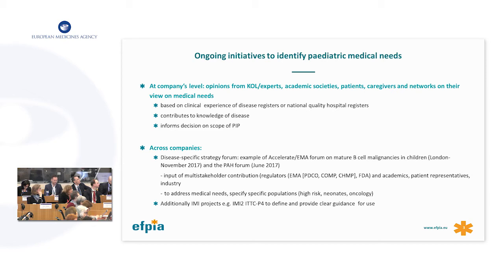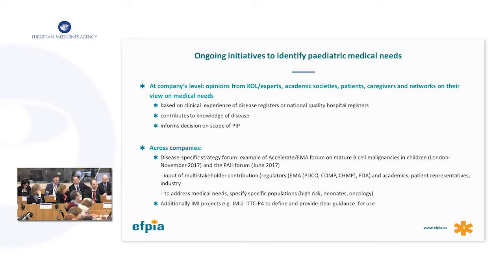At company level, it's based on opinions from key opinion leaders, experts, academic societies, patients, caregivers, and networks, with a view on medical needs. Opinion which is based on clinical experience of disease registers and national quality hospital registers, which contributes to the knowledge of the disease and informs decision on scope of PIP.